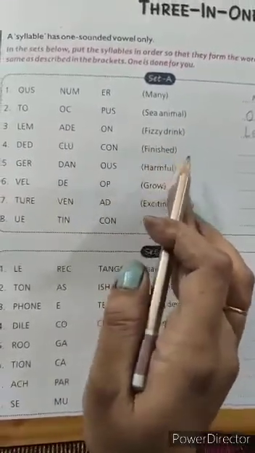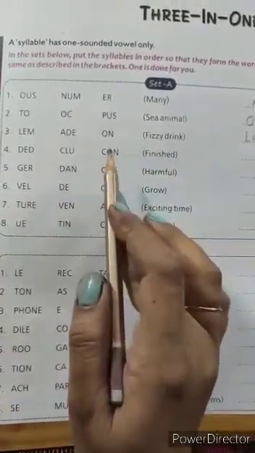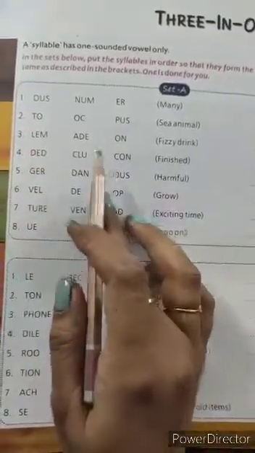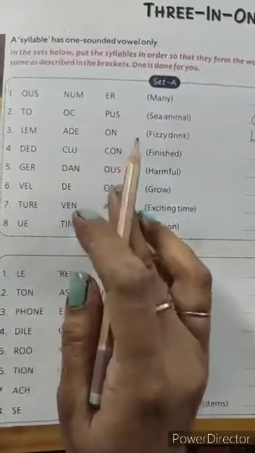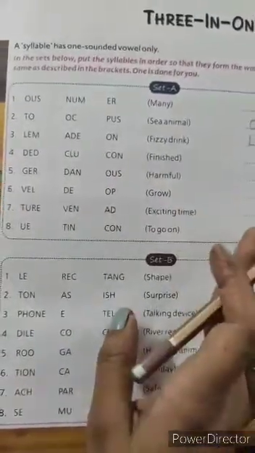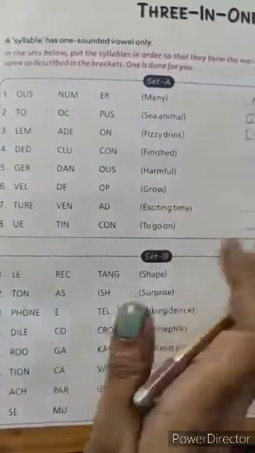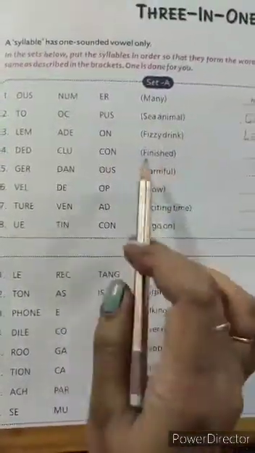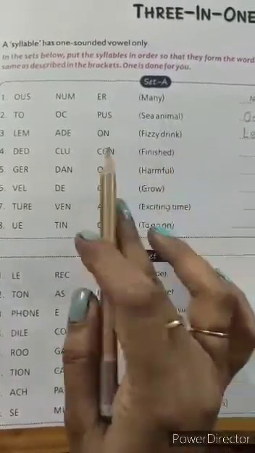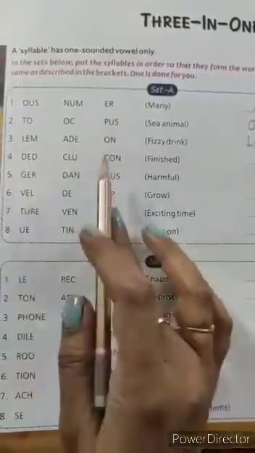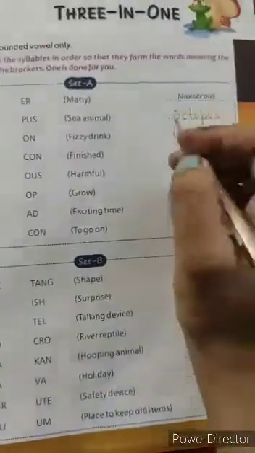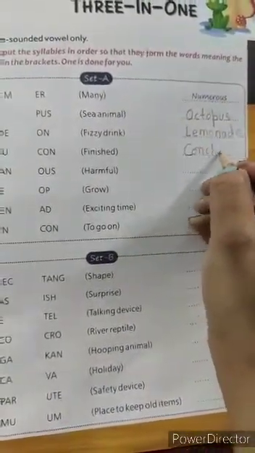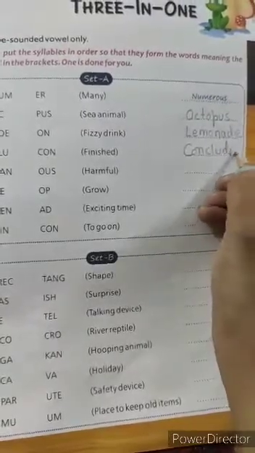And the word we will form is conclude. When we conclude anything, it means we are coming to its end point. After giving a speech or after saying something, we come to the conclusion. That's why it is written over here, finished. So, conclude. We will write over here, conclude.